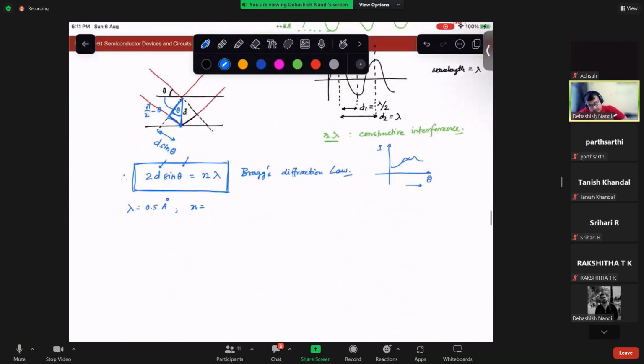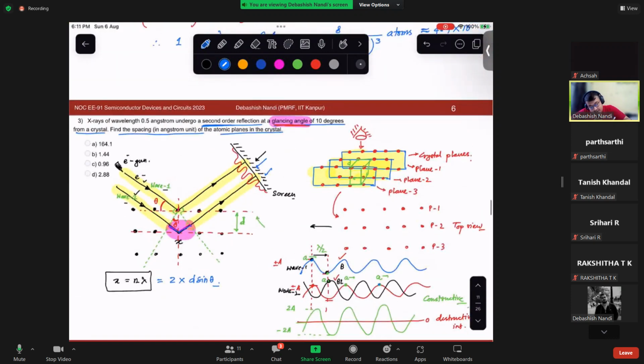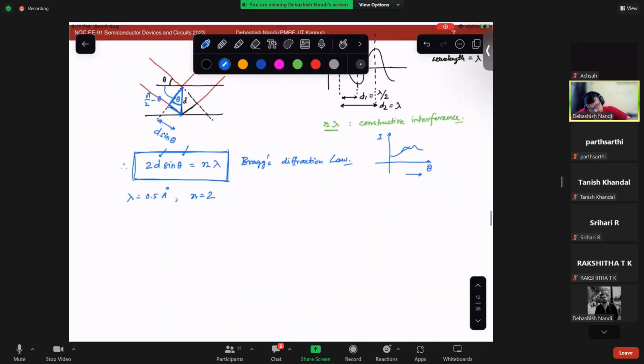That means n is 2, and your theta glancing angle is 10 degrees. So can we find out that 2d sin theta is equal to 2 into 0.5 angstrom? 2 gets cancelled. So your d is nothing but 0.5 angstrom over sine 10 degree.